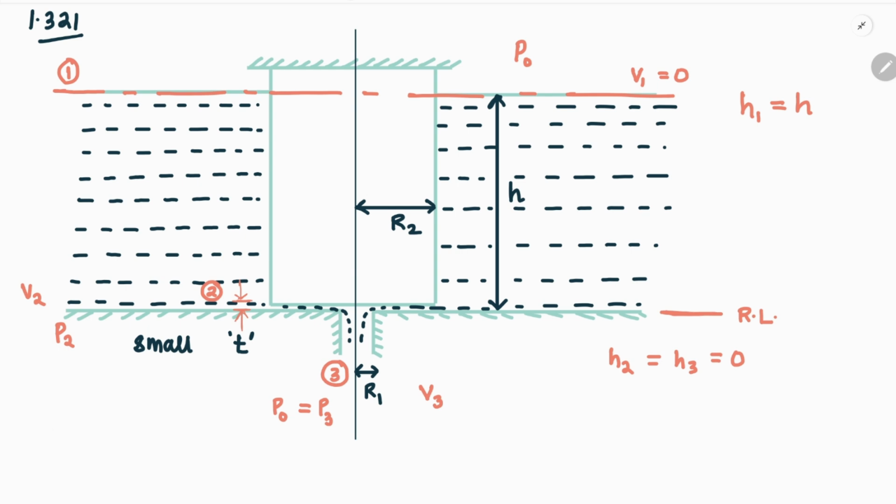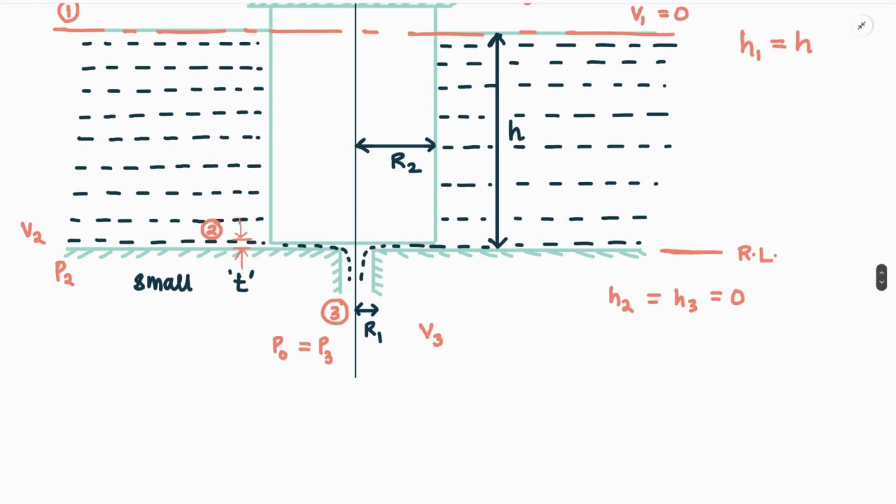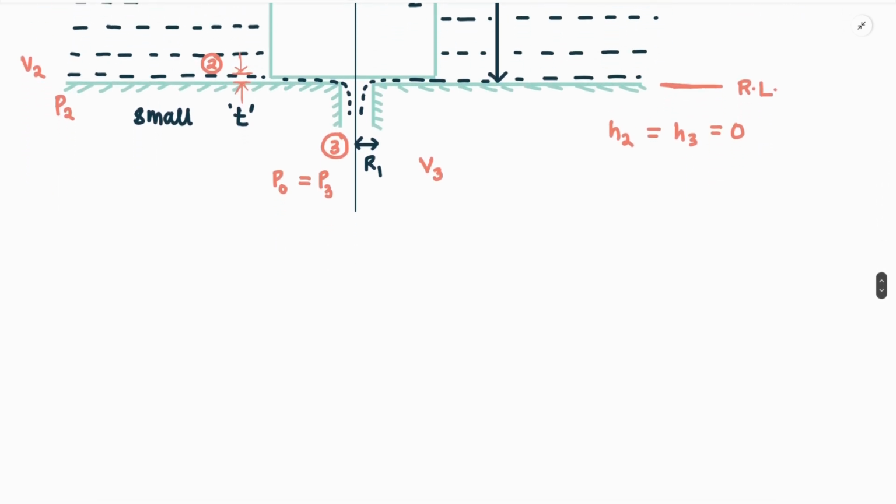Now the next thing that we do is we apply Bernoulli's expression between 1, 2 and 3. So I am writing one single equation and then we will break it into two equations. So let us begin by applying Bernoulli's equation from the data which we have gathered.